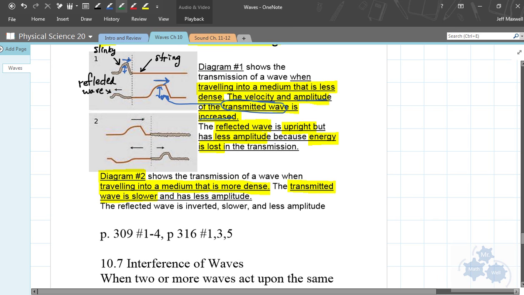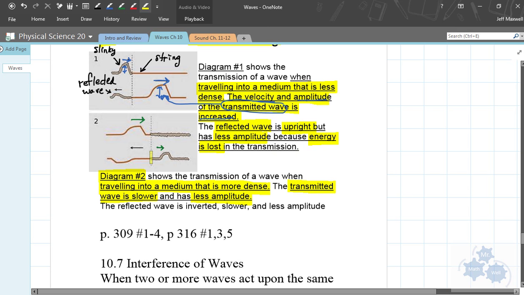So here's your original speed, and then here is the transmitted speed. The transmitted wave is a little slower and has less amplitude. So it's like it's got to work a little bit harder to go through the dense medium. So it's transmitted, but it's a little bit slower and a little bit smaller in amplitude.